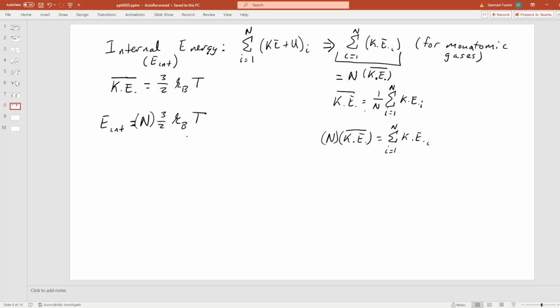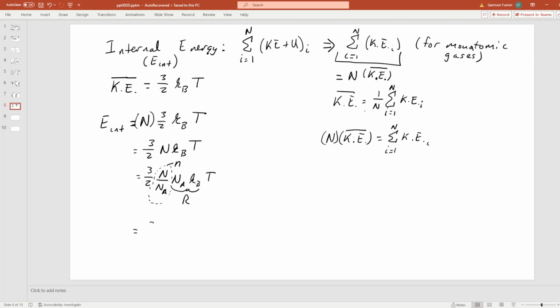Okay? And this is most often written as 3/2 N kB T. And remember that this is the number of moles of your substance, and N_A kB is the gas constant.